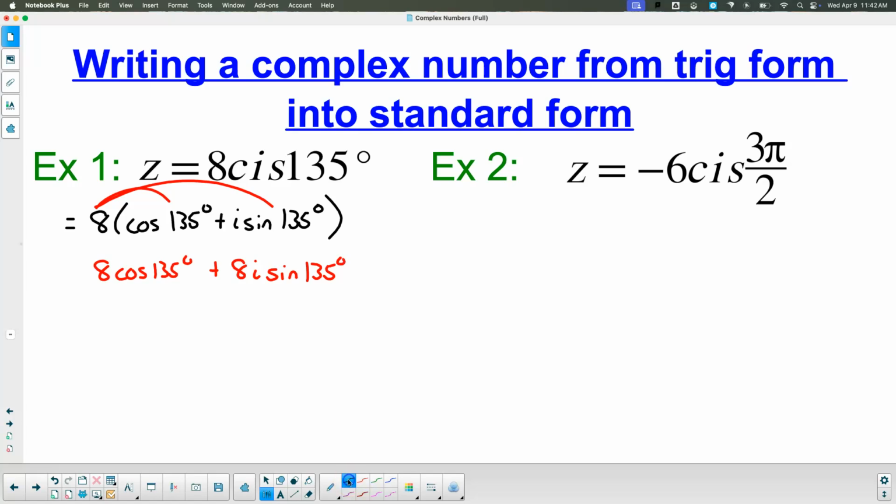Do we concur with that? Okay. Well, what's the value of the cosine of 135 degrees? Negative root 2 over 2? What is the value of the sine of 135? Root 2 over 2?